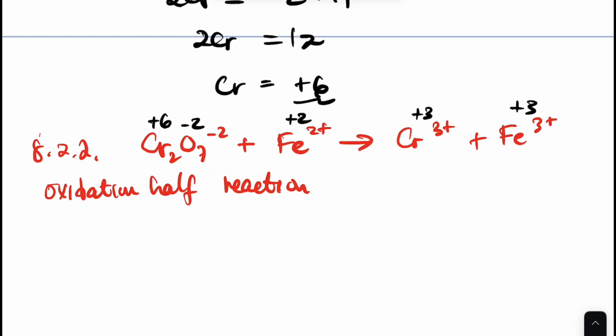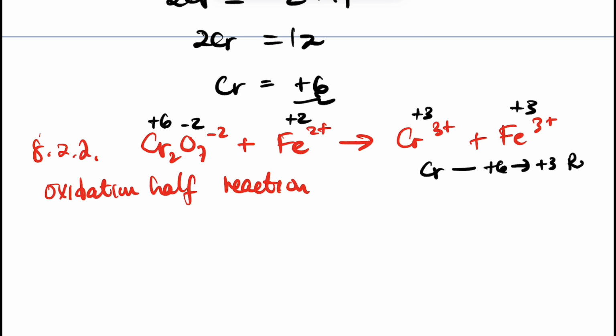Okay guys, now if you look at the oxidation number here, you have 6 to 3. That means the oxidation number decreases. What's happening in Cr, guys? We're starting from plus 6 to plus 3.